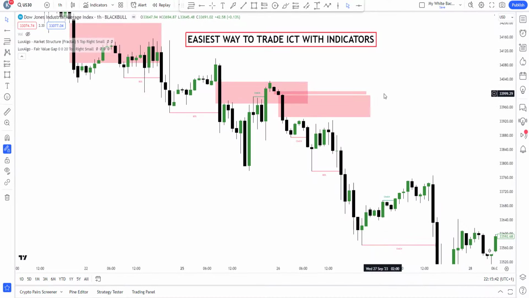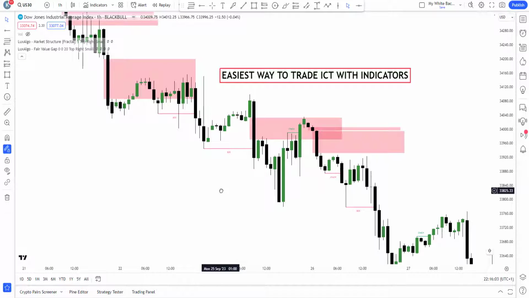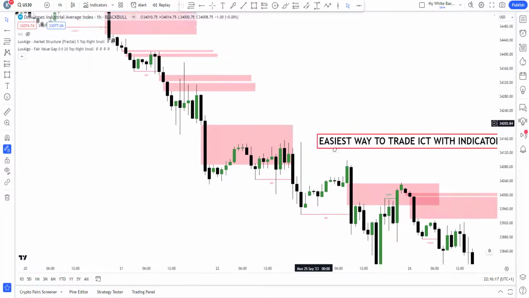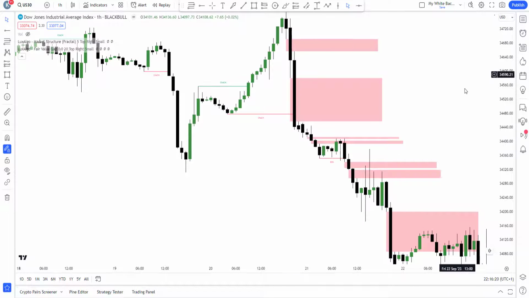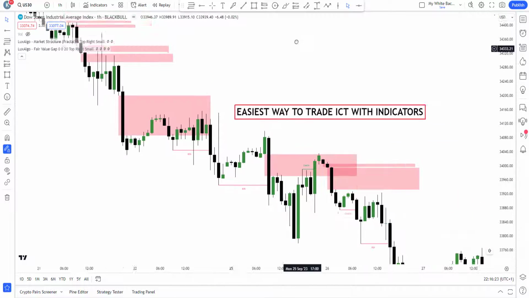I recommend that you trade with this indicator in the 1 hour time frame strictly, because that will give you the true picture of the order flow. When you go lower than the 1 hour time frame, you get a noisy chart, and you will not be able to get every detail you're supposed to get without the noise. So having this, you'll be able to look at your chart and see where price is going. As you can see right here, we are having a downtrend. That is the order flow.